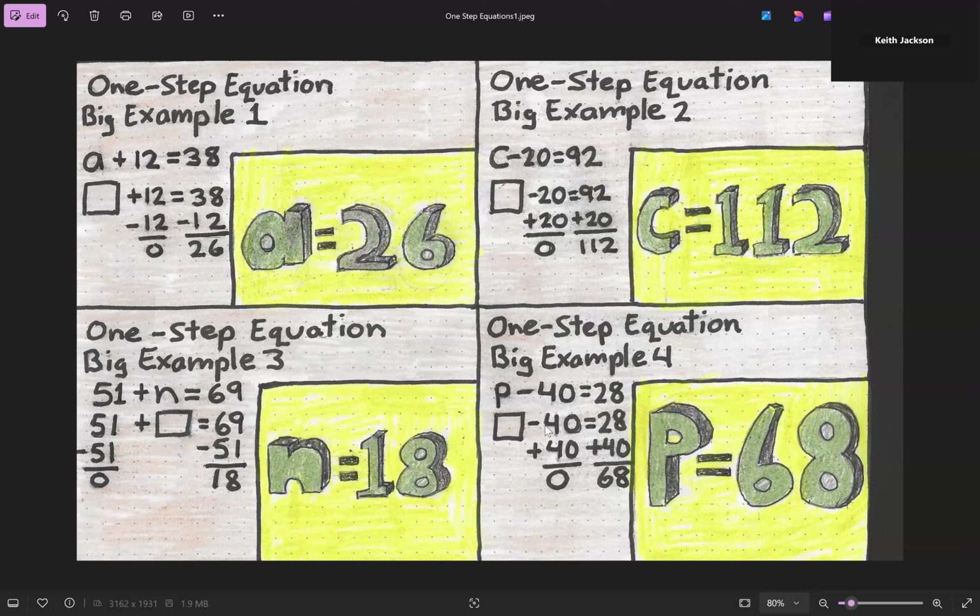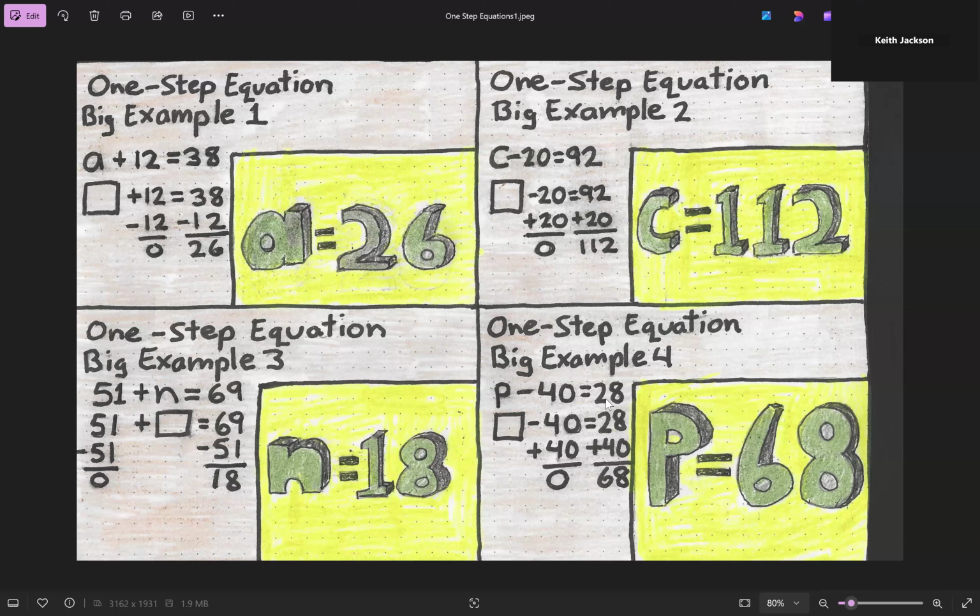Negative 40 plus 40 will give us 0. Good, we have our 0 on one side, while 28 plus 40 will give us 68. And so 68 minus 40 will actually give us 28. And as you can see right here, P is equal to 68.